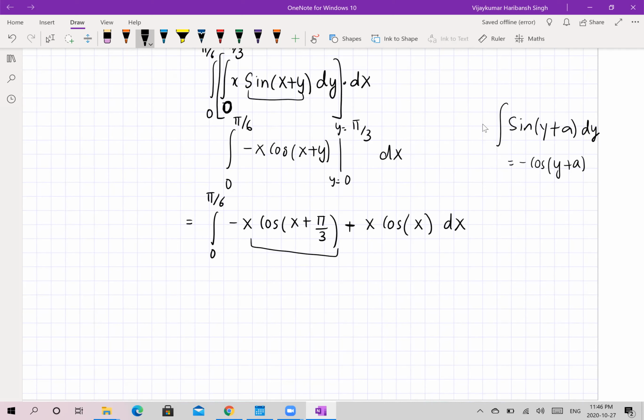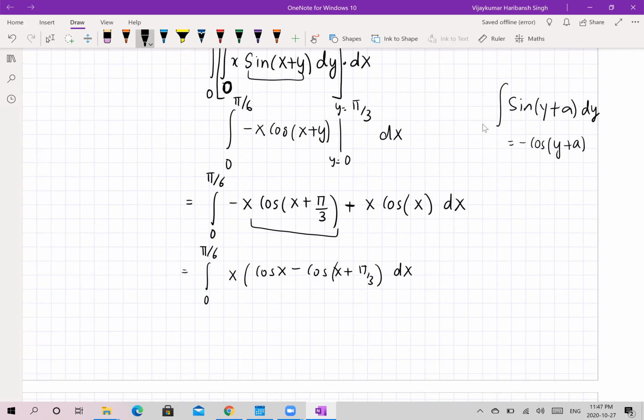Either we can do it that way or we can combine them together because now we are doing one variable. So we have x times cos x minus cos of x plus pi by 3 dx. In this case, this will be my u, this will be my dv, and then you can continue and integrate.